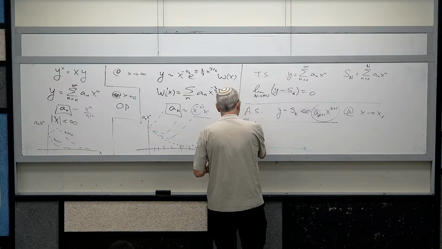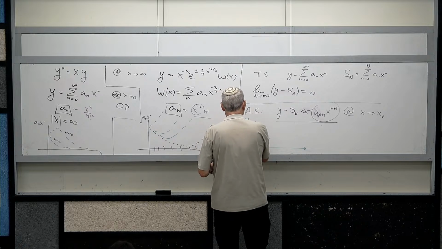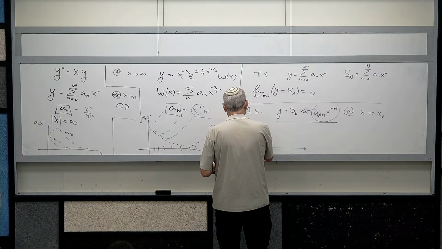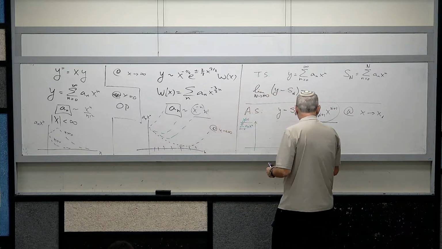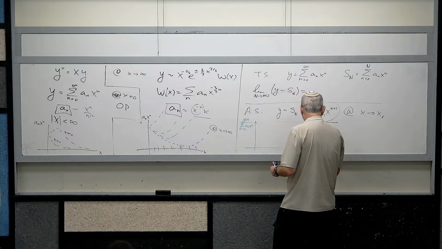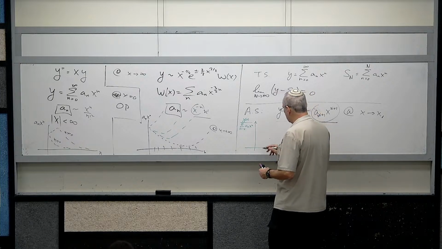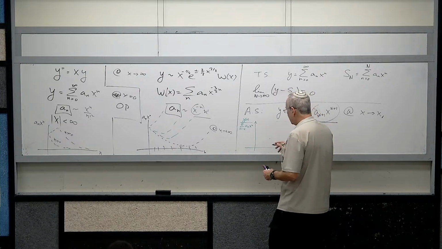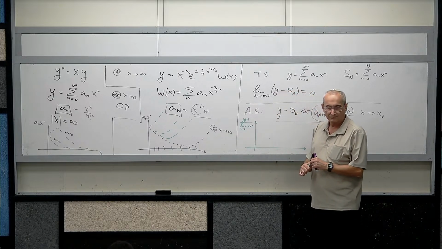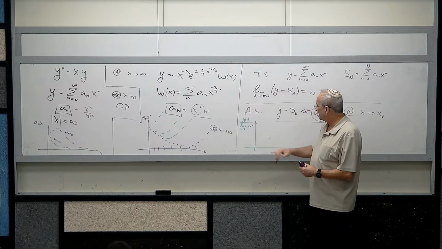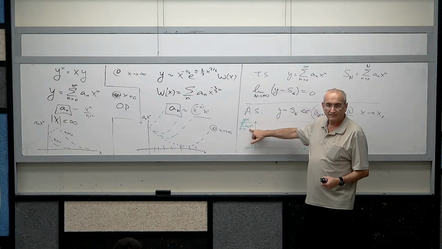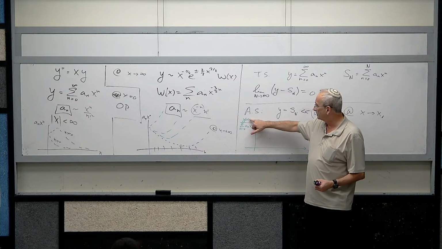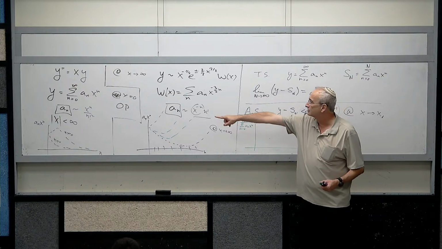So this is y of x divided, say, by the sum from n equals 0 to 10 of a n x to the n. And this is x, but in logarithmic units. Now, what is that? This is the ratio between the true answer and the first 11 terms in the Taylor series around 0.